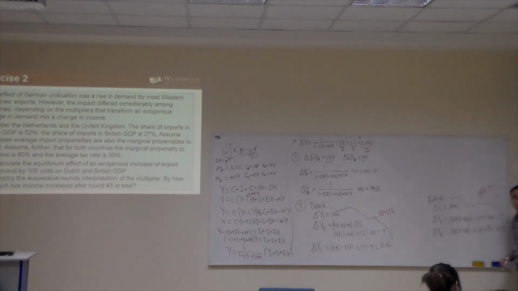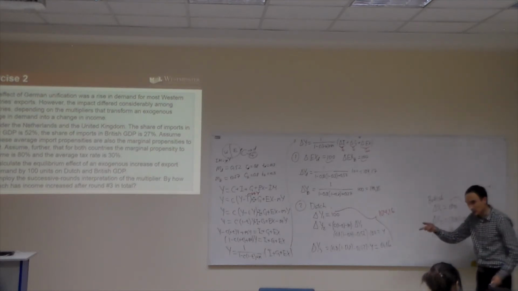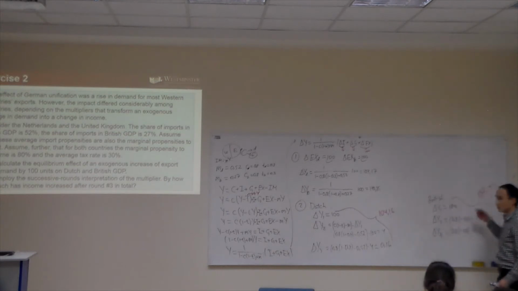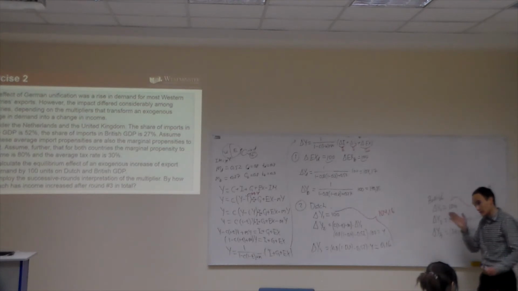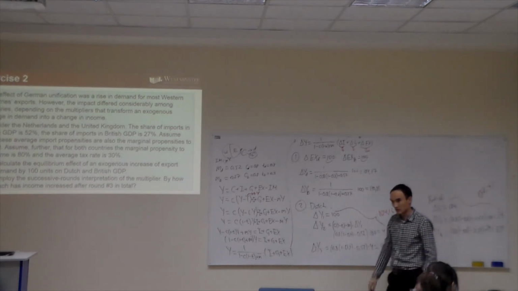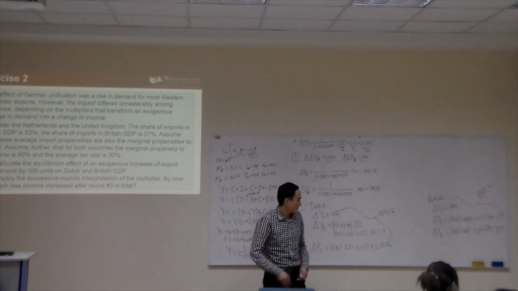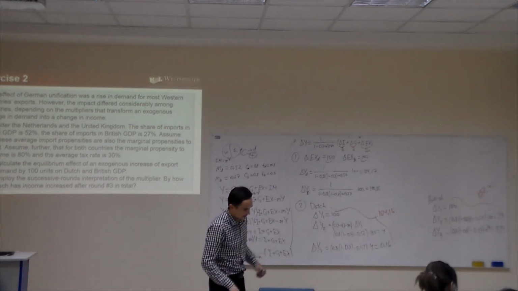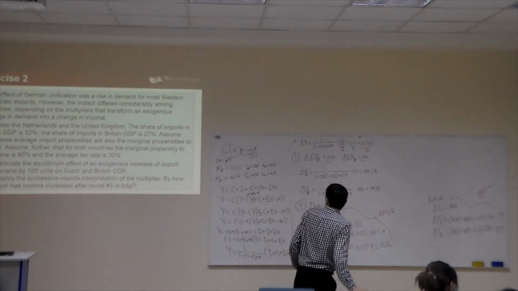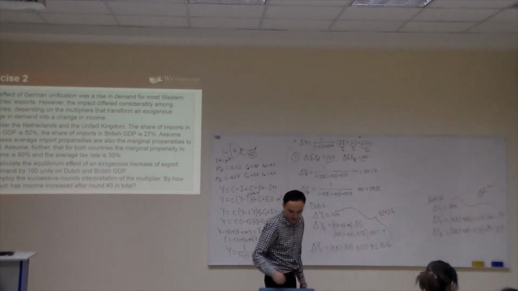Which means that once an injection is made to the economy, most of the main changes in output will be experienced in early stages. First, second, third, quickly. Good. This is it. So, exercise 3.